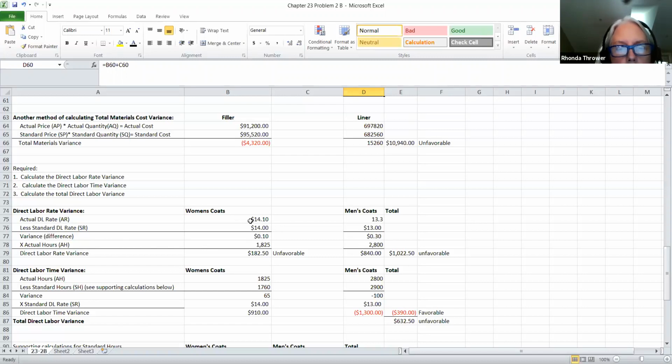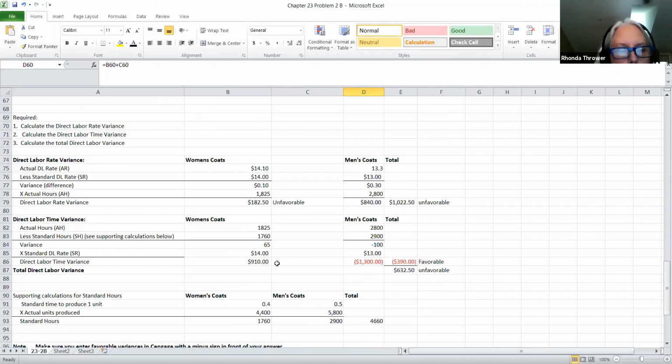All of this information basically is given, and so you just had to find the direct labor rate variance for the women's coats. You're going to do the same thing for the men's coats. This is given. So I feel like you can do that. Then combine the two together, and that gives you the unfavorable direct labor rate variance.